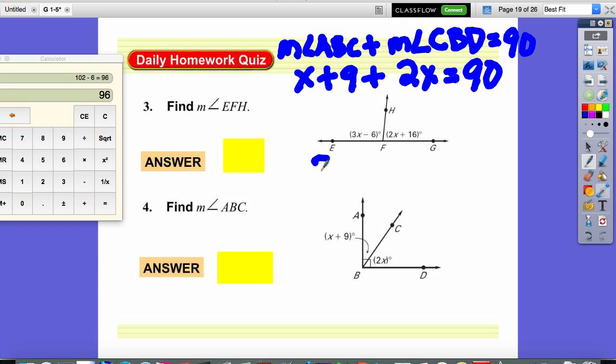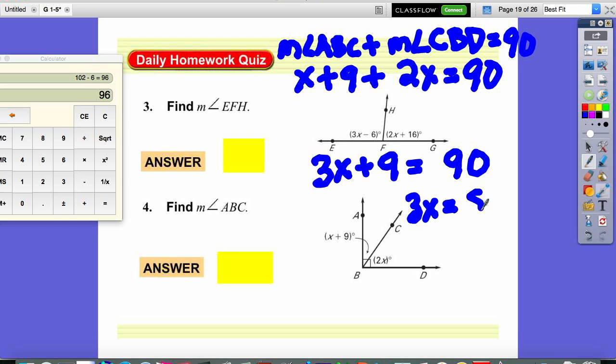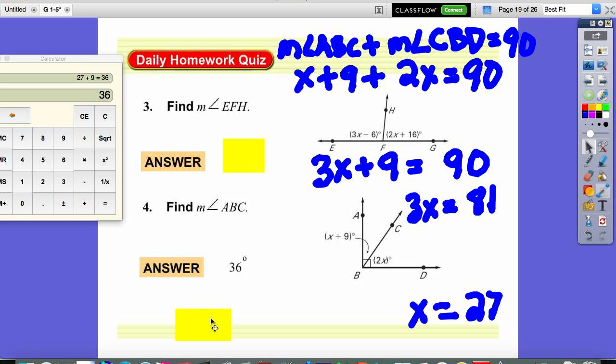X plus 2x is 3x. We're actually combining like terms here. We're subtracting 9 from both sides. That gives me 81. 81 divided by 3 is 27. If x equals 27, ABC is x, which is 27, plus 9 equals 36.